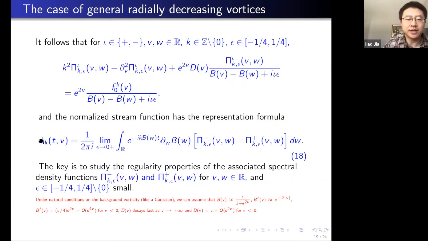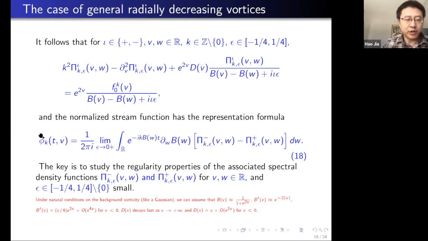And then in the new equation, the stream function can also be written again by the integral of the spectral density function. So basically, you see that it's expected that when you analyze such a linear problem, everything is reduced to understanding the spectral density function.